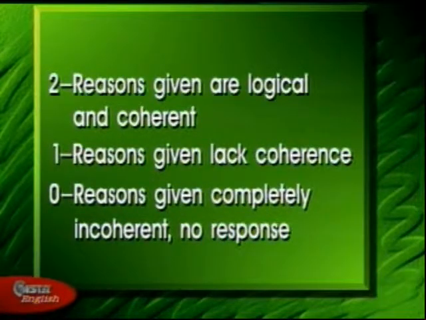Or 0 or no point, reasons given completely incoherent, or no response. If you want, you can expand the scoring guide to make it a 5-point or even a 6-point scale.